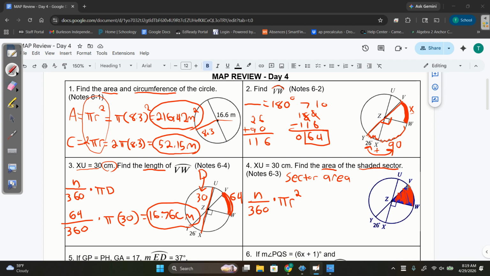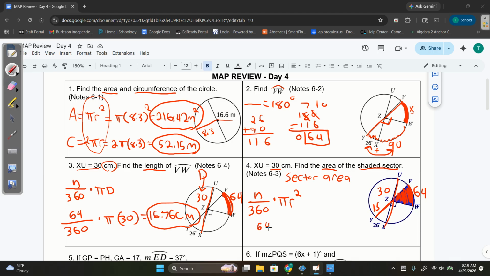Again, the n refers to the degrees here, which would be 64, which we found from here. XU, it tells us, is 30, but that's my diameter. I need my radius. My radius would be half of that, 15. Once I've got everything I need, I would just plug it in.